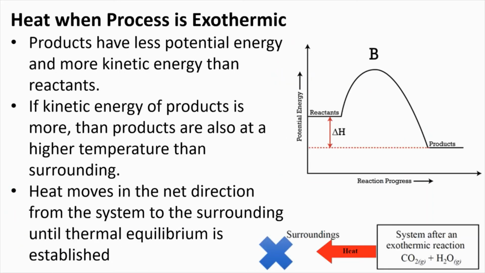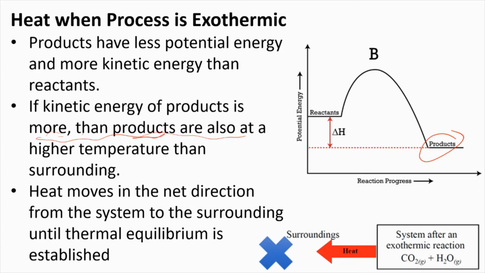So in an exothermic process, we've already learned that the products have less potential energy than the reactants. Now, if the kinetic energy of the products is greater than that of the reactants, that means they also have a higher temperature, because kinetic energy is related to the temperature, right?